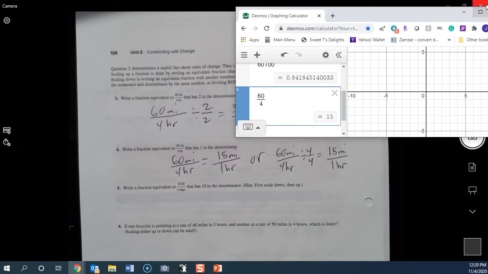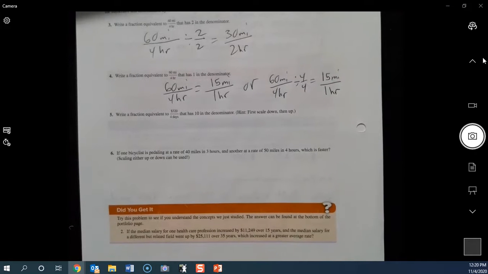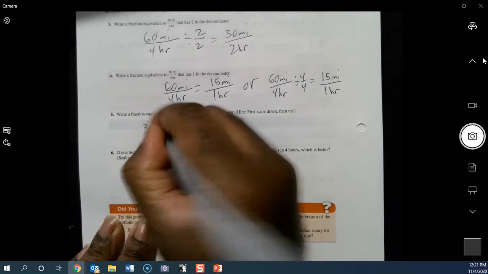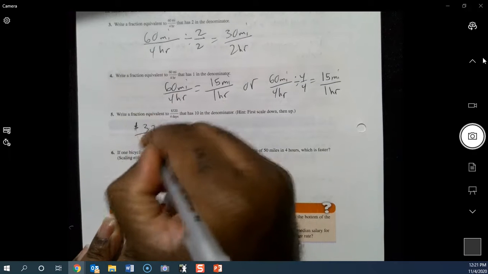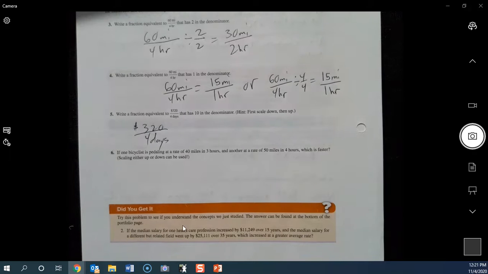Now, this next problem. It says write a fraction equivalent to $320 over 4 days that has 10 in the denominator. Hint, first scale down, then up. All right. So you have $320 over 4 days. Now we could take our calculator.